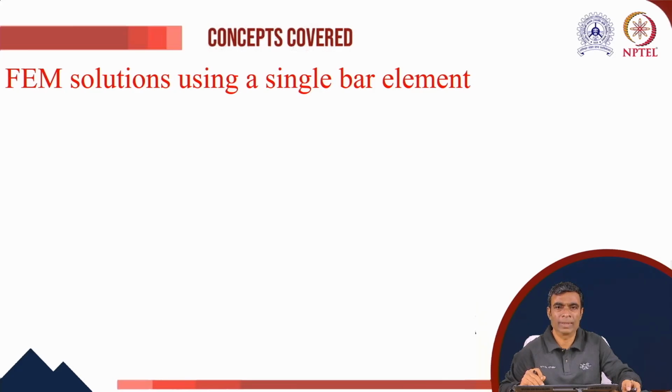In today's lecture, we shall illustrate the implementation of different kinds of boundary conditions for heat transfer problems involving a single finite element. We shall consider different combinations of essential, natural, convective and radiative boundary conditions and find out the solutions for the temperature distribution.